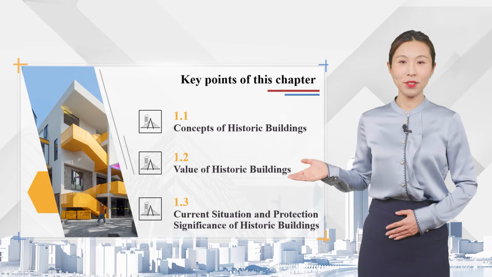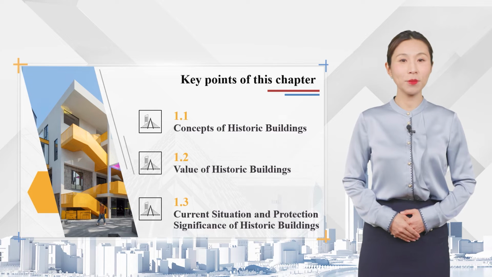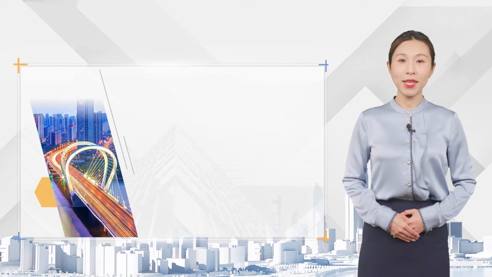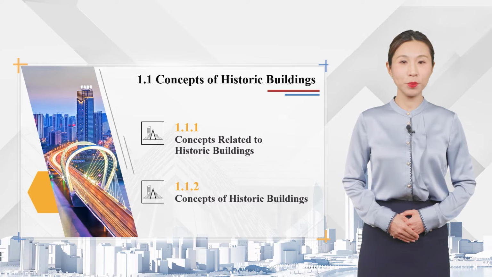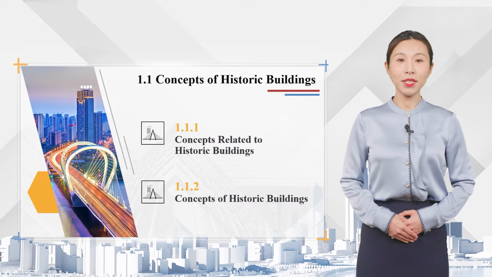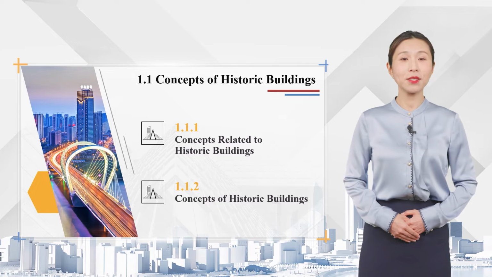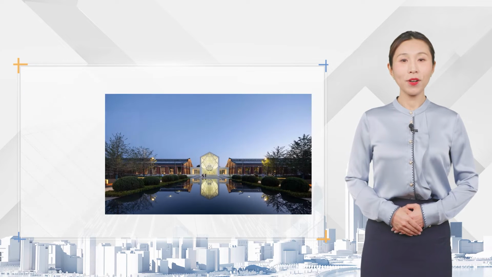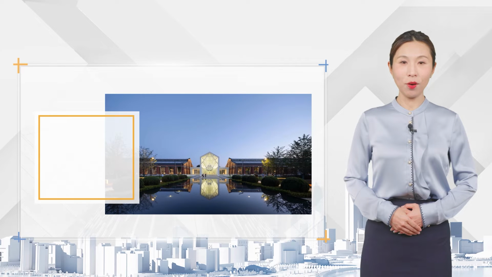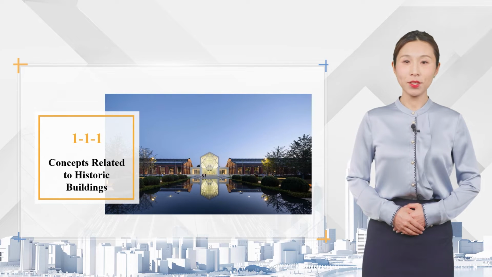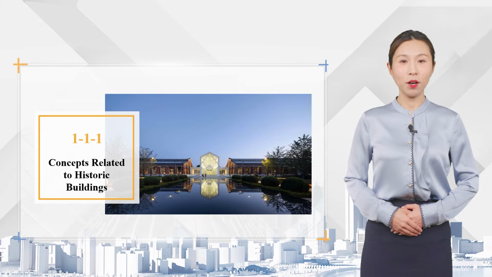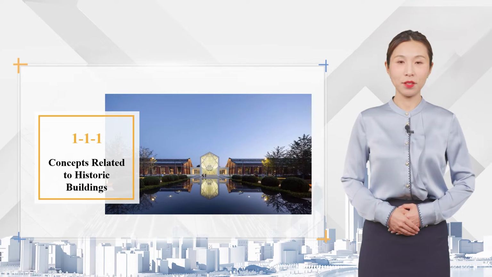First, let's learn the concepts of historic building. This section starts with the related concepts of historic building and finally leads to the concept of historic building, which is the main point of this course. Historic building preservation belongs to heritage protection, so we first need to understand the concept of cultural heritage.